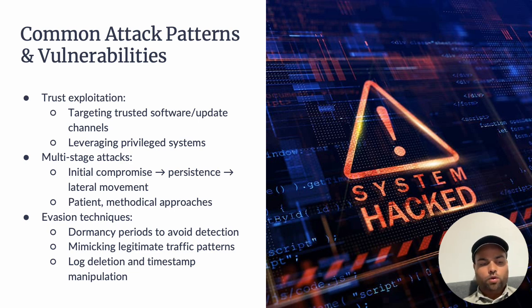This methodical approach helps attackers evade detection while maximizing impact. The attackers also employed sophisticated evasion techniques, including dormancy periods, traffic manipulation to blend malicious activity in, and evidence removal through log deletion.